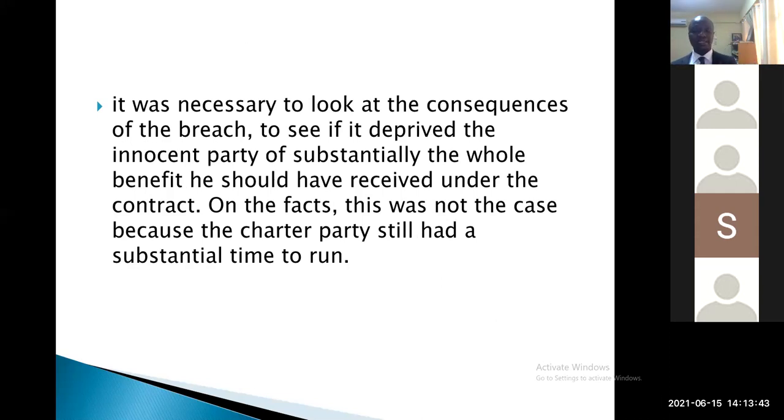On the other hand, if the effects or the consequence of the breach does not substantially deprive the innocent party of the benefit he or she should have received under the contract, then the court will say that the innocent party should be given remedies which are given for a warranty.